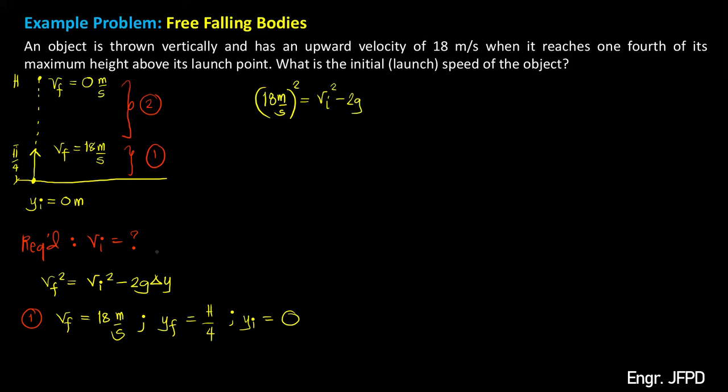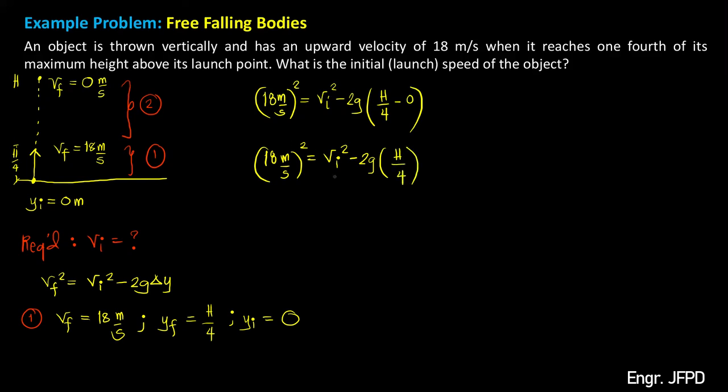And for our delta y, that is the final position yf minus the initial position yi, which is 0, so h over 4 minus 0, or simply h over 4. Let's simplify this equation further, and you will get 18 meters per second squared is equal to Vi squared minus 2g times h over 4.